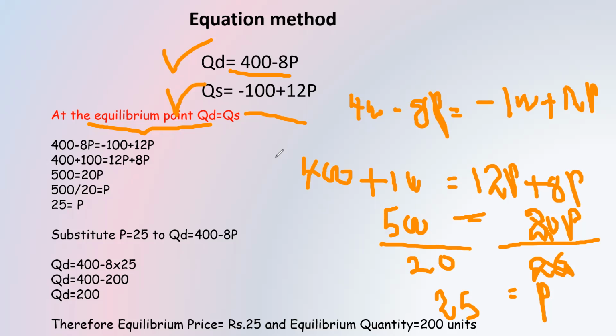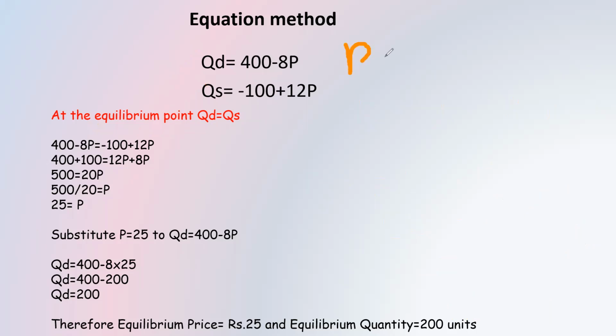When we consider the value for Q, by substituting into either the demand equation or the supply equation, we can have the value for quantity. P is equal to 25. Substitute P equals 25 into the QD equation, the demand equation, 400 minus 8P.